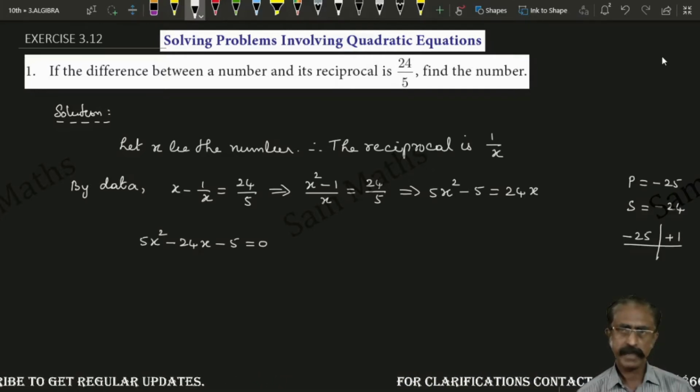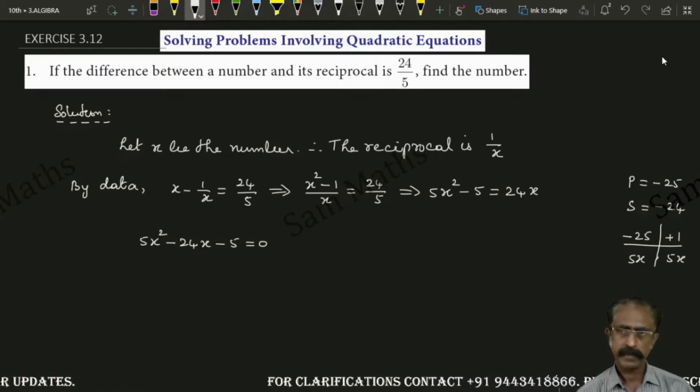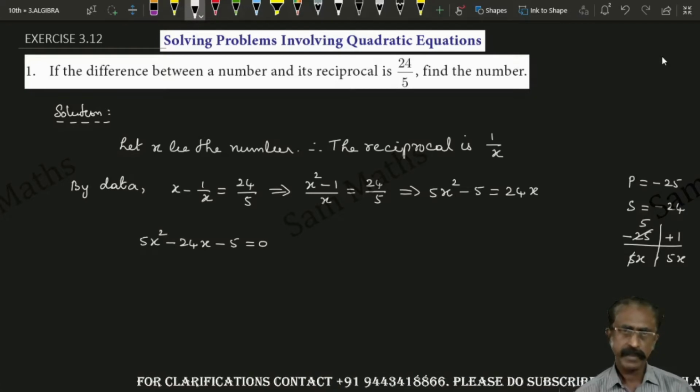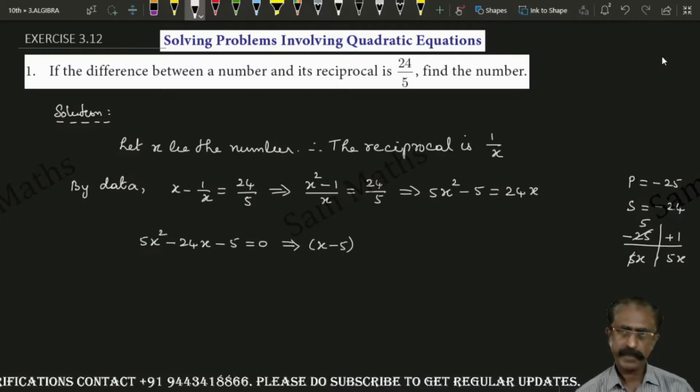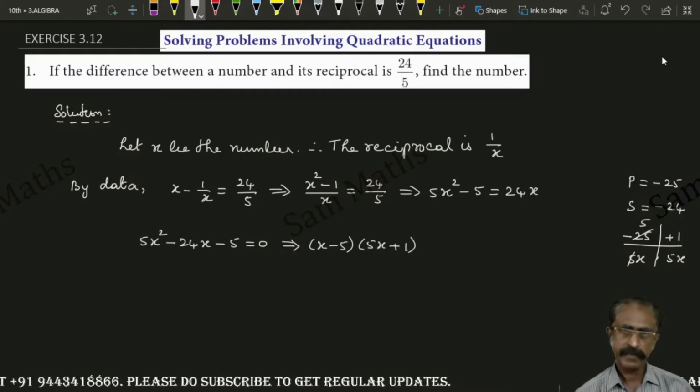You divide by 5x. You can cancel this. It becomes 5. Therefore, this equation implies x minus 5 into 5x plus 1 equal to 0.